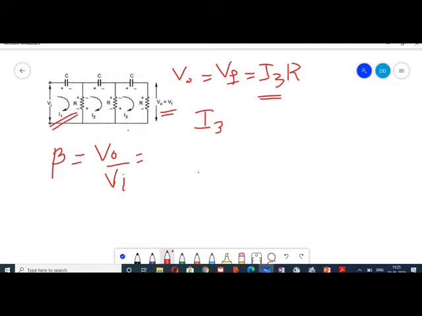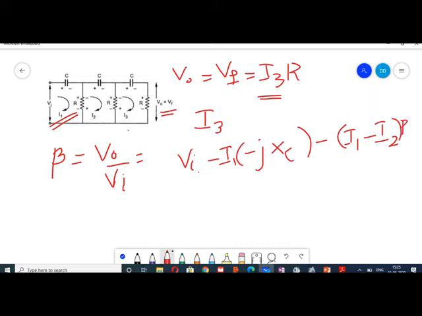First consider the first loop having a loop current I1. The KVL equation for the first loop is Vi minus I1 into minus jXC minus (I1 minus I2) into R equal to 0.